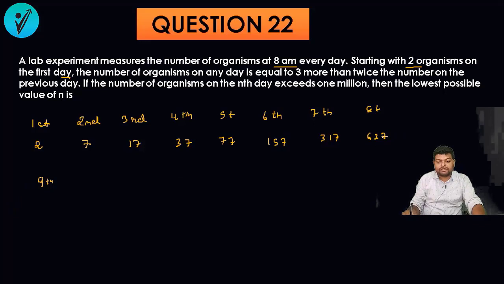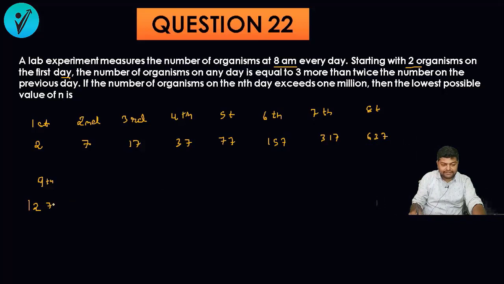Double of it, 600, 1200, 1237, 1274 plus 3, so 1277. Okay.